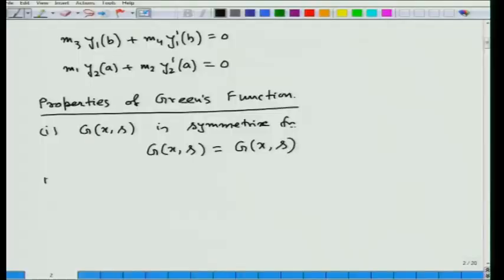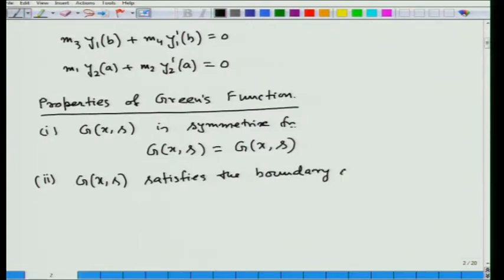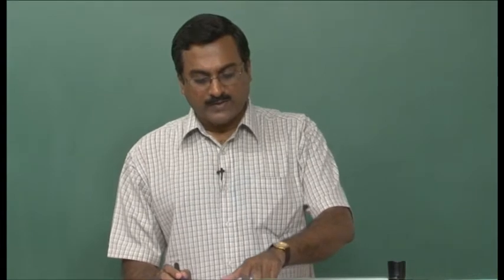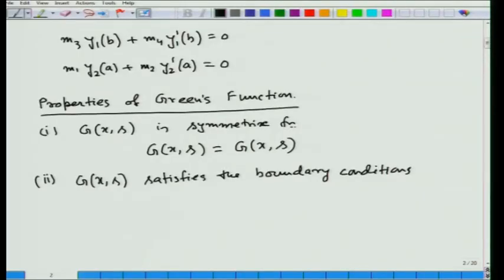Secondly, the important property is that G(x, s) satisfies the boundary conditions. And of course, you can verify that G(x, a) satisfies this type of m1 y2(a) plus m2 y2 dot(a) equal to 0.